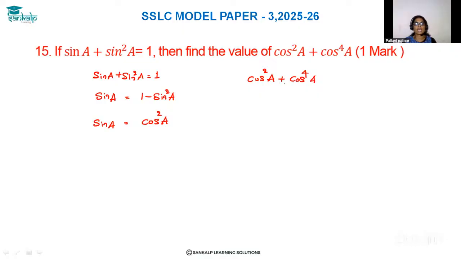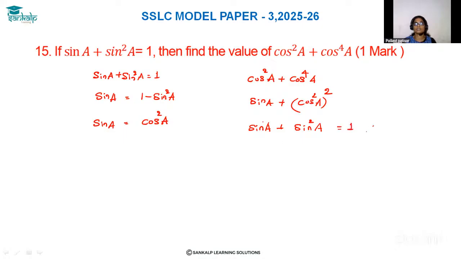Substitute sin A for cos square A. Here cos square A is sin A, plus cos raised to 4A is cos square A whole raised to 2, so this is equal to sin A plus, since cos square A is sin A, cos raised to 4A becomes sin square A. So sin A plus sin square A is equal to 1.